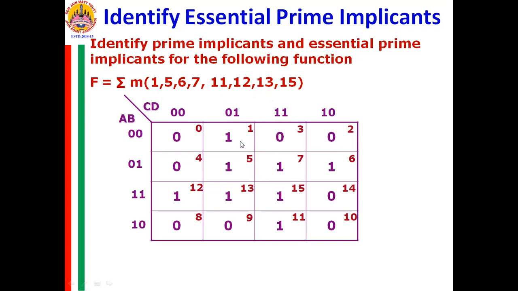So let us enter 1 in the K-map for these and zeros for the rest. Now form all the possible combinations of pairs and quads, which are the prime implicants.